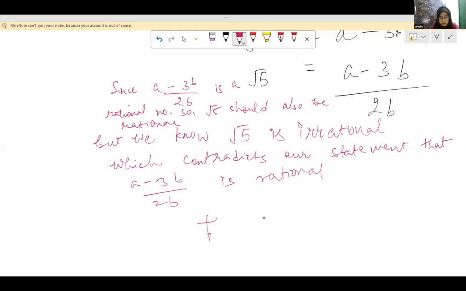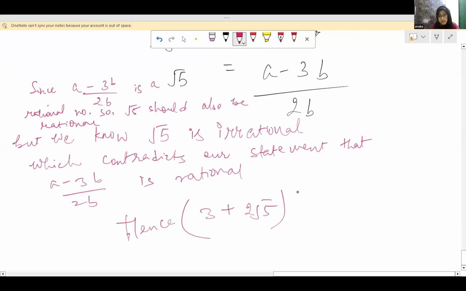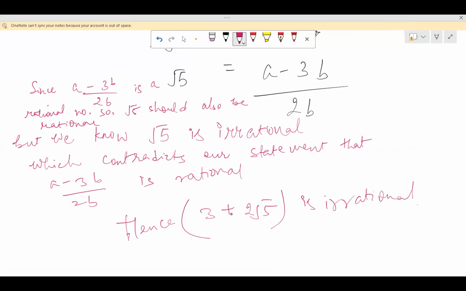Hence, 3 plus 2 root 5 is irrational. All right? Okay.